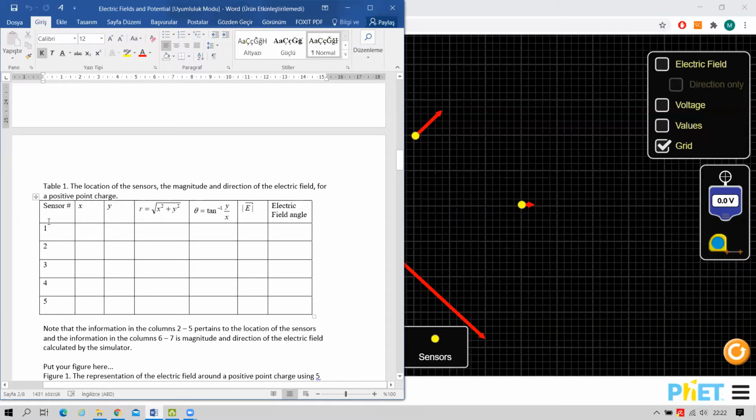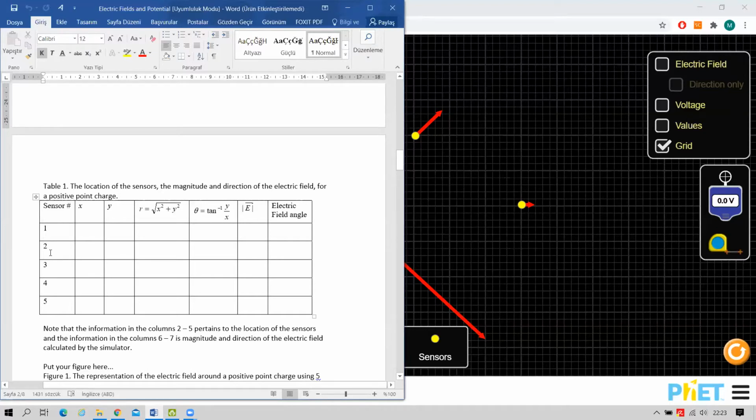The first column is just showing the sensors by number. The first sensor, the second sensor, up to the fifth sensor. So the numbers represent the sensors. You can just label them 1, 2, 3, up to 5.